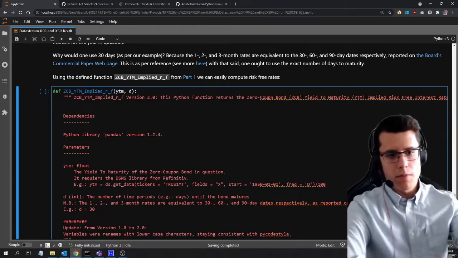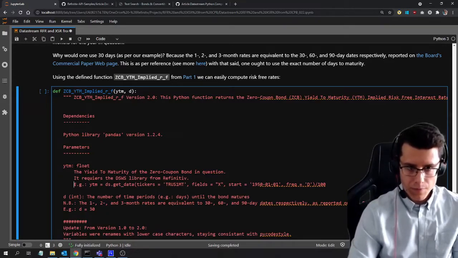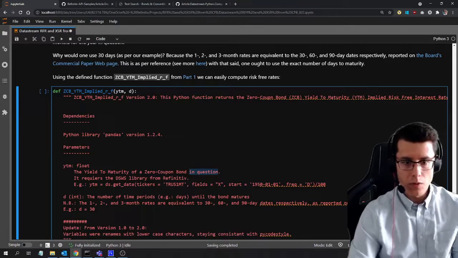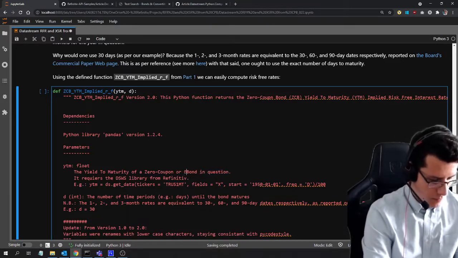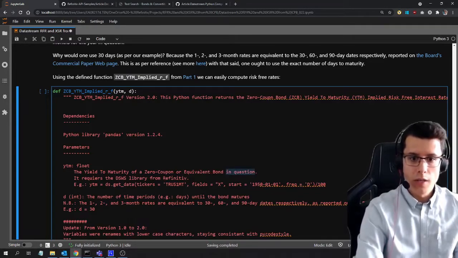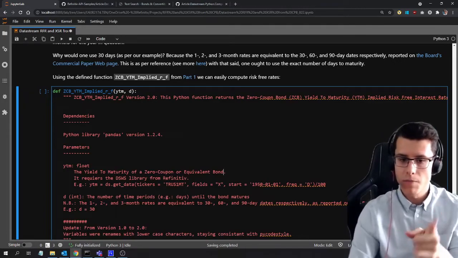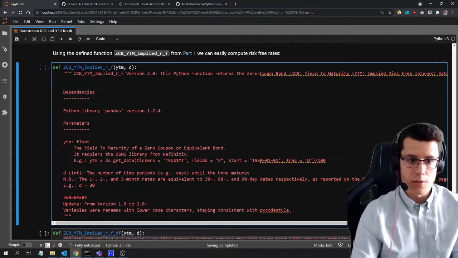We've got our floating point number for our yield to maturity from a zero coupon bond. Yield to maturity of a zero coupon or equivalent bond. And then what I can do when I'm done with this is update the function that I did in the previous article.